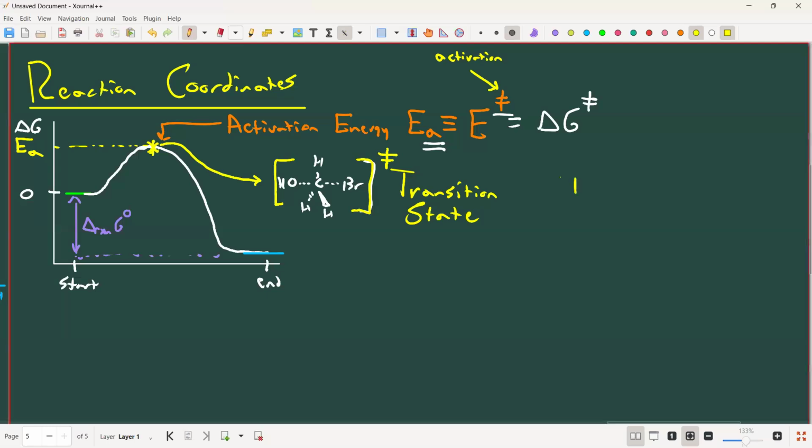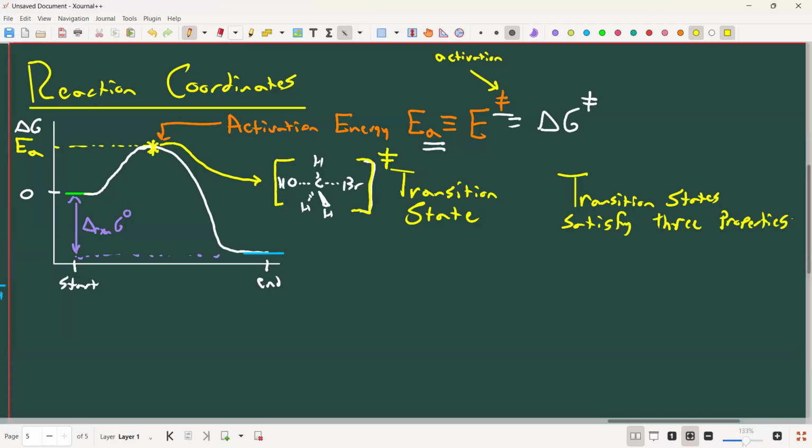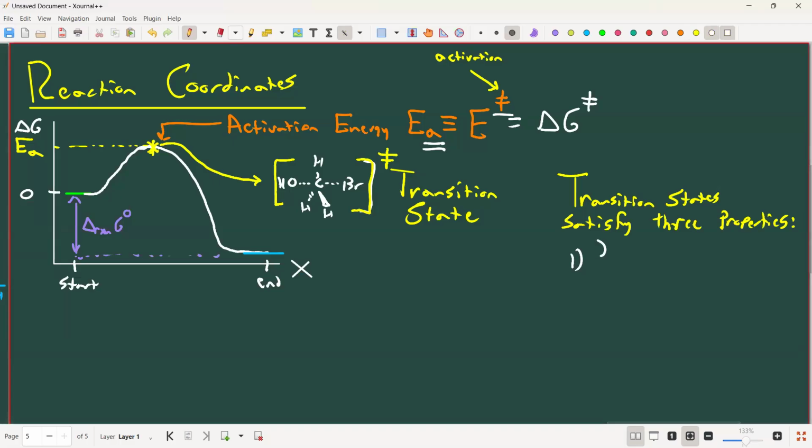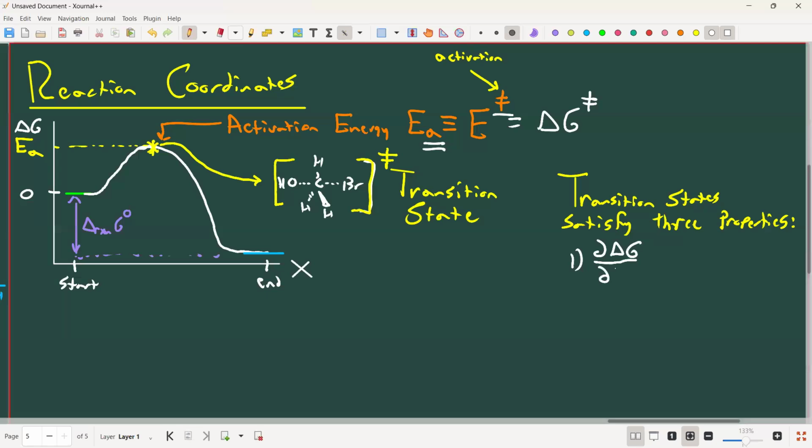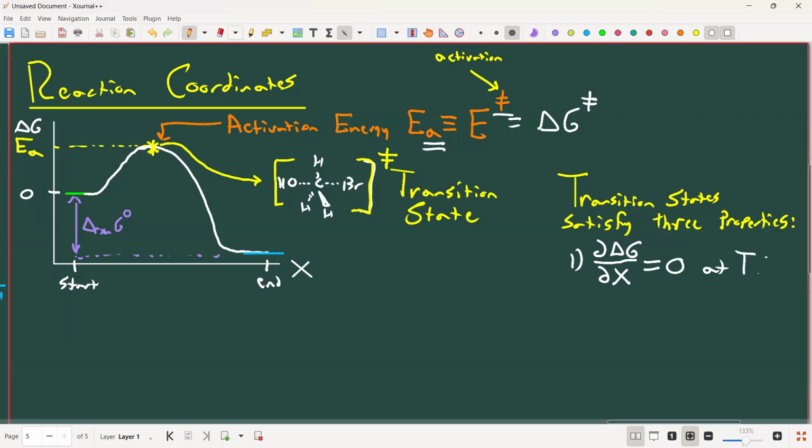Transition states satisfy three properties. Two of them are related to each other. One is that the derivative of the energy with respect to the coordinate, let's call the coordinate x, the derivative of delta G with respect to x is 0 at the TS, at the transition point.